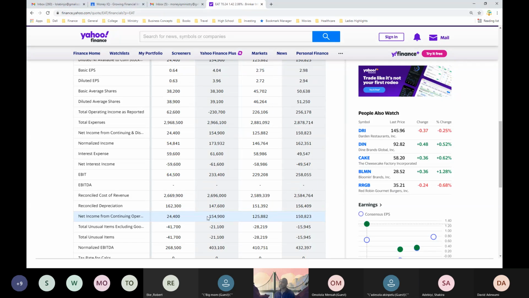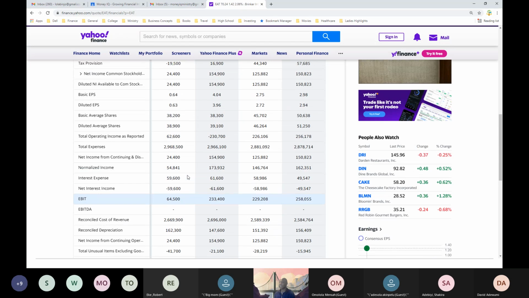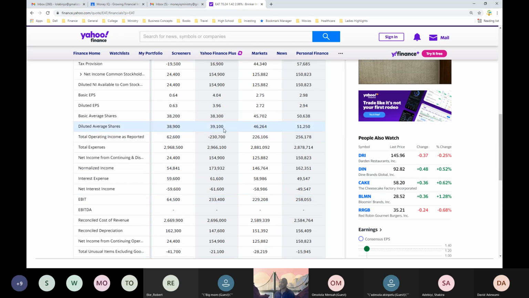Okay, so let's assume they're giving 50 million out of this net income. They will divide that by the total number of shares, in this case, the diluted shares of 39.1 million. So 50 divided by 39.1 will give us about 1.3. So for every share that you own, you get $1.30.